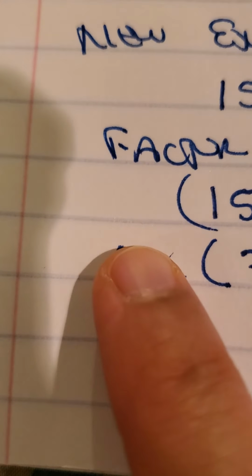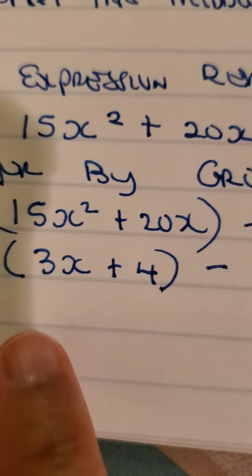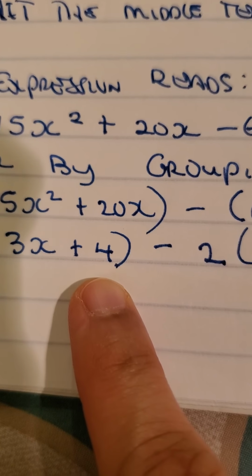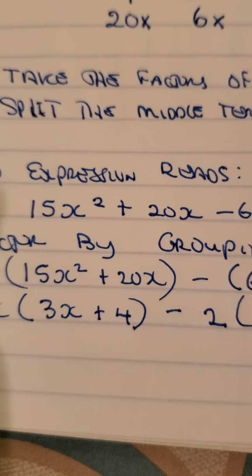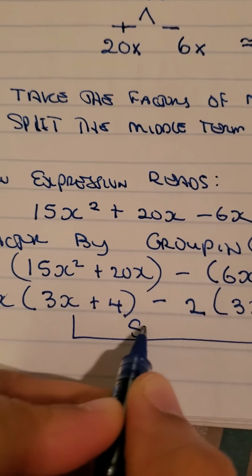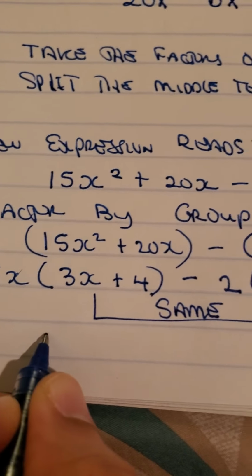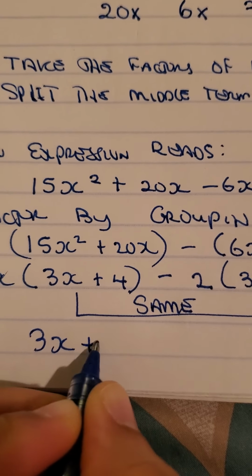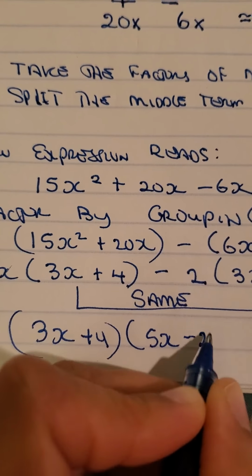I take my GCF and divide the original terms, and whatever remains is what will be in my parentheses. I know I'm on the right track if I have these two as the same factor. So I can finally factor out a 3x plus 4, and my remaining factor is 5x minus 2.